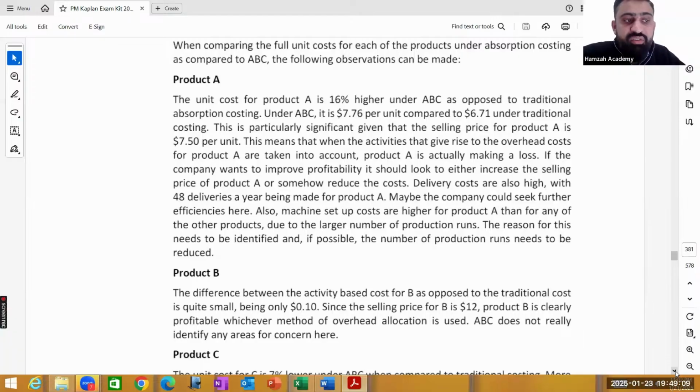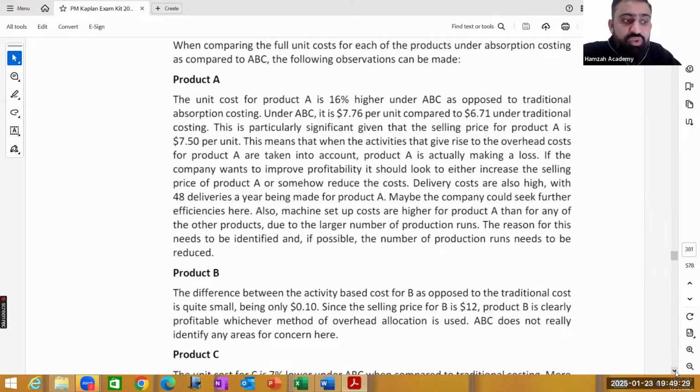Under ABC, it is 7.76 per unit compared to 6.71 under traditional costing. This is particularly significant given that the selling price of product A is 7.5. This means when the activities that give rise to overhead costs for product A are taken into account, product A is actually making a loss.